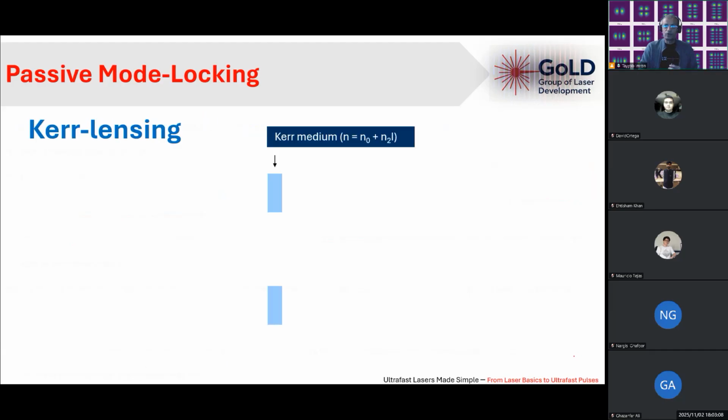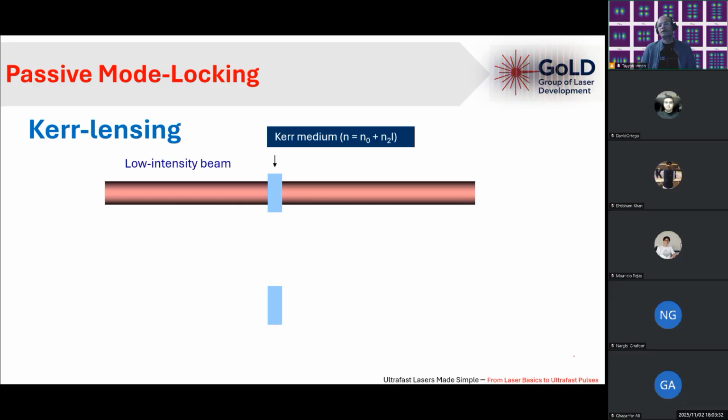Okay, so what you see here is the same formula, and this is in the category of passive mode locking and Kerr-lensing, as I explained. Now you can see here, if the intensity is low, the beam passes through. This one is the Kerr medium.